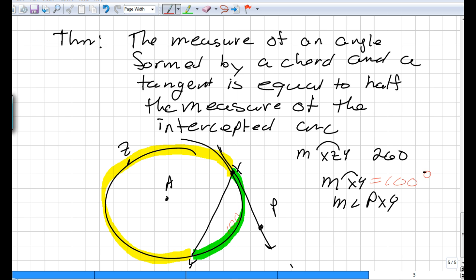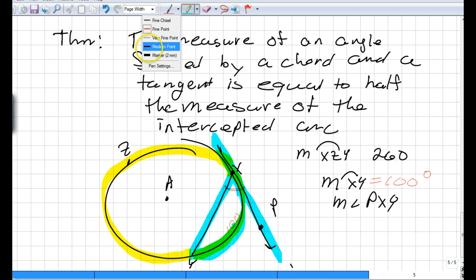Okay? Then angle PXY is an angle formed by a chord of the circle and a tangent to the circle. And the theorem said that that angle is equal to half the intercepted arc. The intercepted arc is XY, and so that angle has to measure 50 degrees.